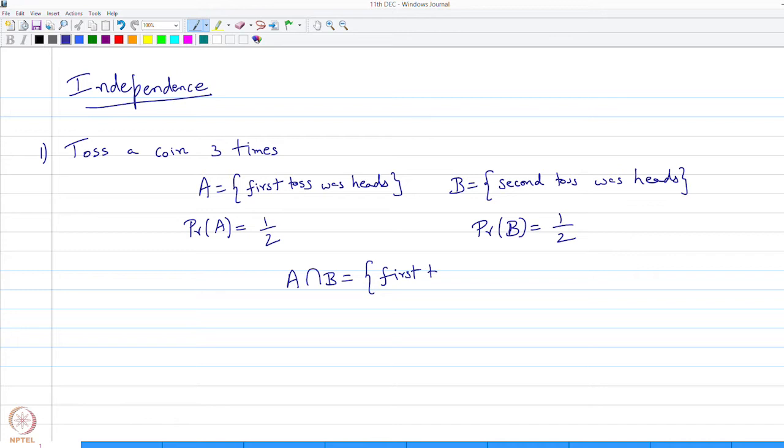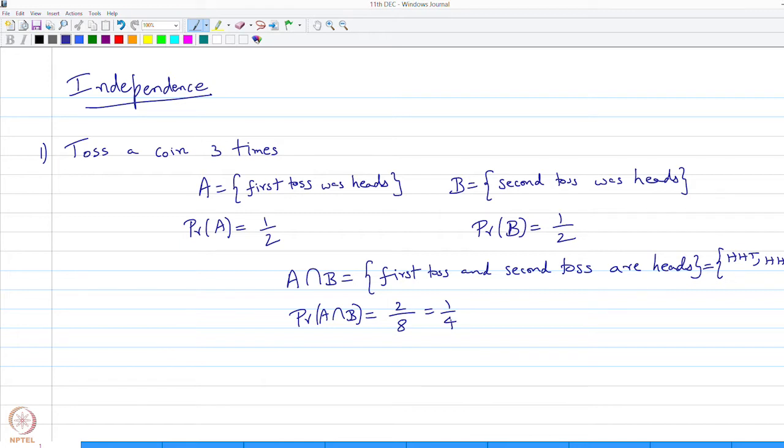First toss and second toss are heads. So, you want the first and second toss to be heads. If you want, you can write down the event explicitly. You have H H T, H H H, right. These are the only 2 possibilities. So, probability of A intersect B is 2 by 8, which is 1 by 4.